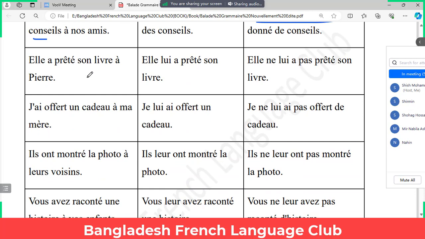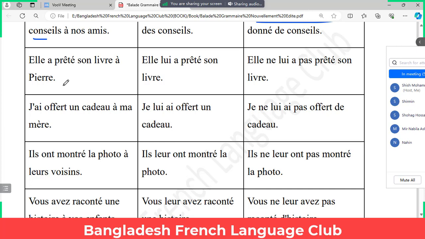Okay, then next one. Il a prêté son livre à Pierre. Prêter means to lend.